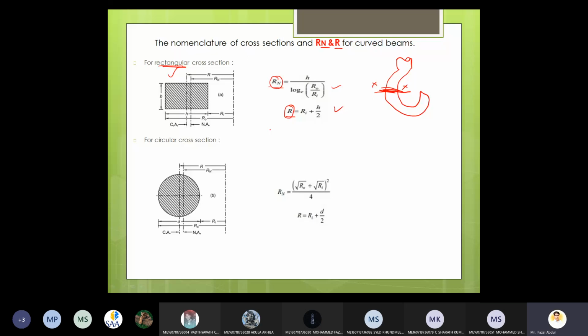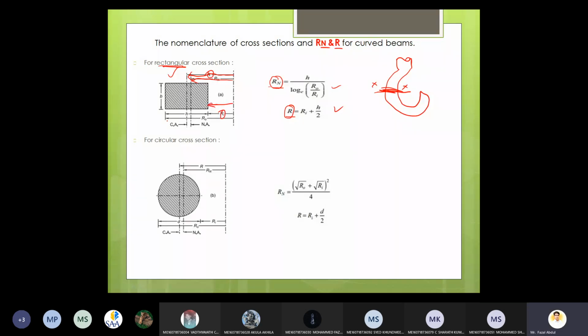Okay, so Rn, see here, this is the axis of the center of curvature. From this reference point up to here, the neutral axis, that is referred to as Rn. And from this reference line, if we draw one line up to the central axis, that is R. This is Ri for the inner surface.